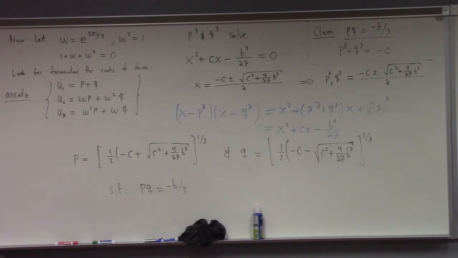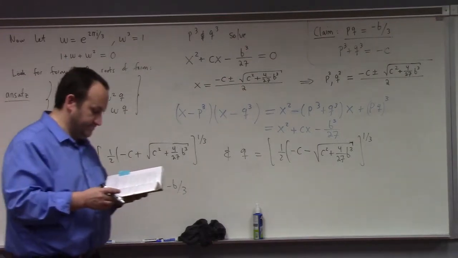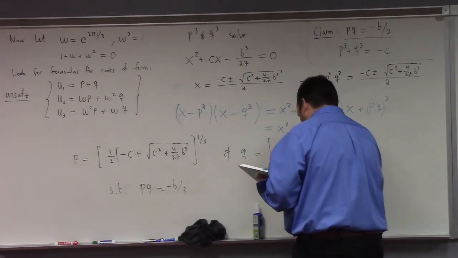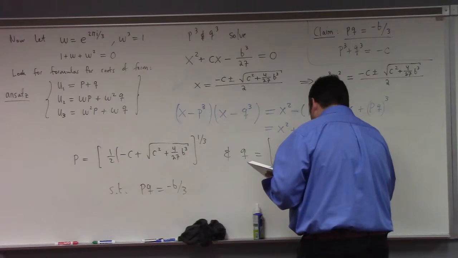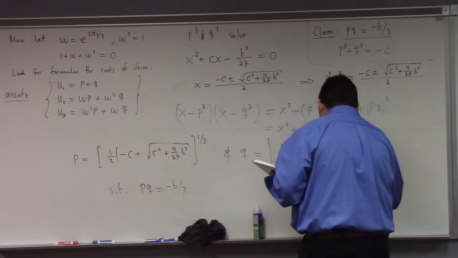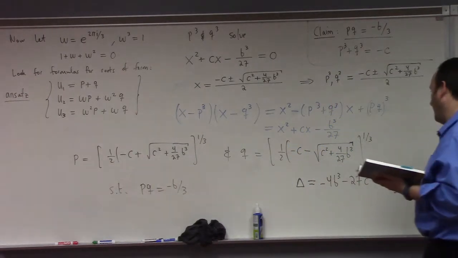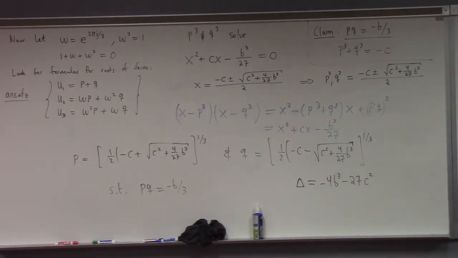What's the discriminant here? Yep. So the discriminant, he uses a delta in this book for it. It's minus 4b cubed minus 27c squared. It's related to it, but yeah, because that's the discriminant for the quadratic, right, if you just take what's in the radical.